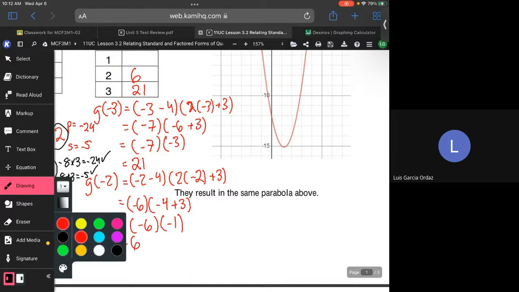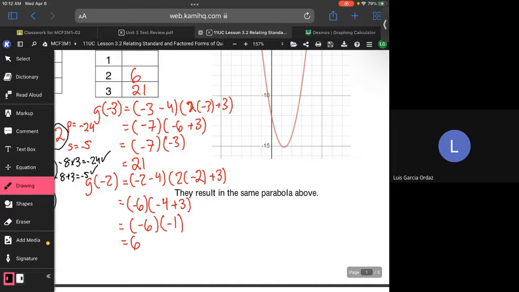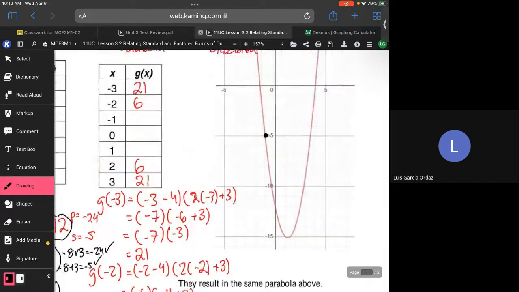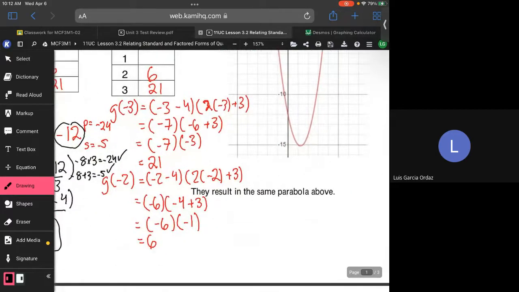Wait, what were you saying about the graph? Oh, from the graph you can see what the y value is because it's given to you. We got the same answer either way, like you did it. Right? You remember?